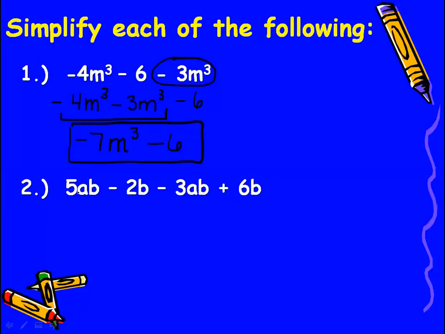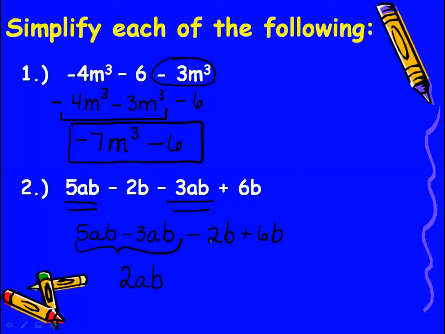In the next problem, I have 4 terms. I notice that 5ab minus 3ab are like terms, so I am going to group those two terms together. Negative 2b plus 6b is also like terms, so I'm going to group those two terms together. So 5 minus 3 is 2. So 2ab.